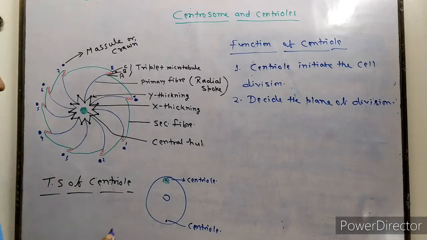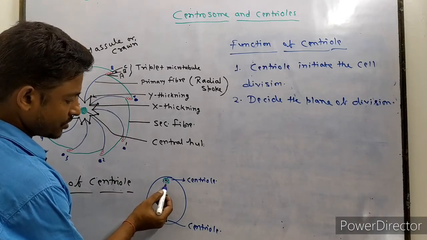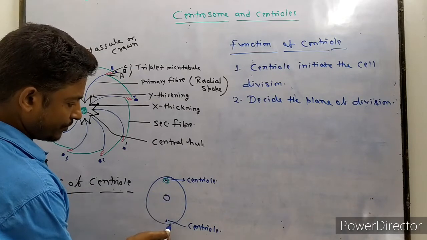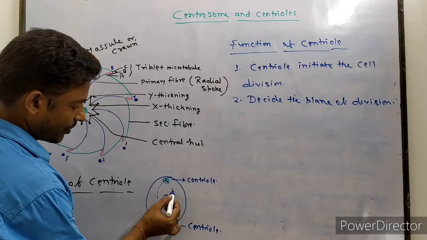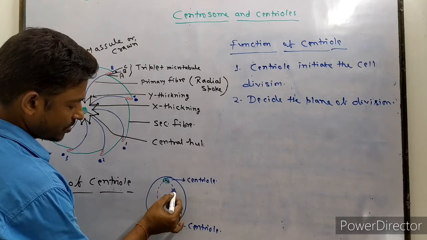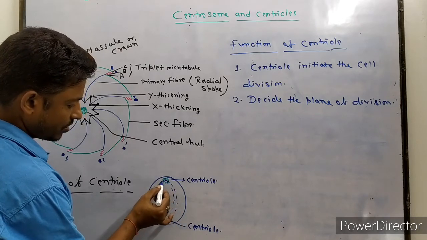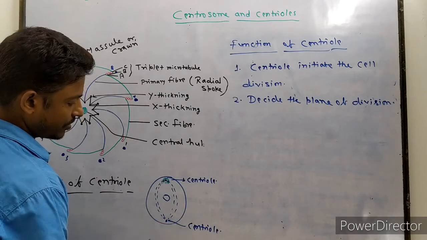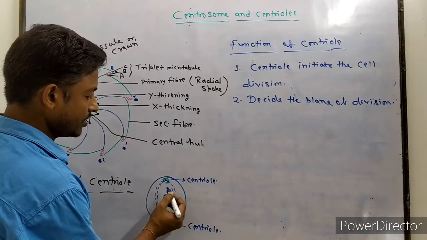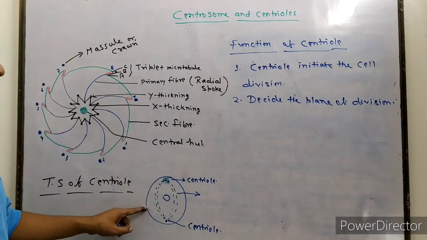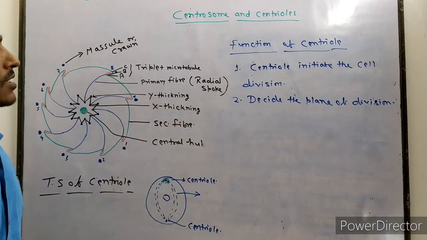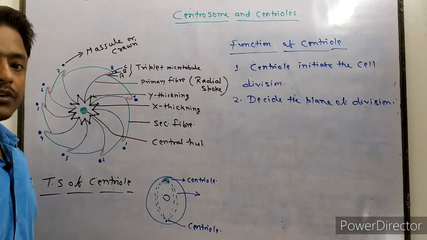Suppose if it is a centriole, it forms spindle fiber or helps in formation of spindle fiber. So it helps in cell division and decides the plane of division.